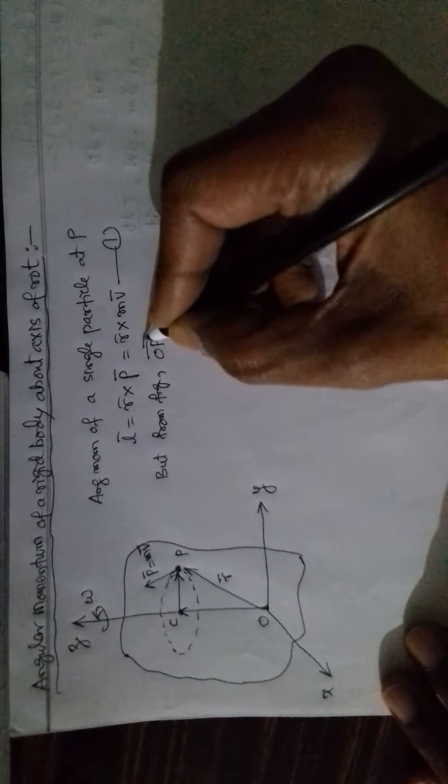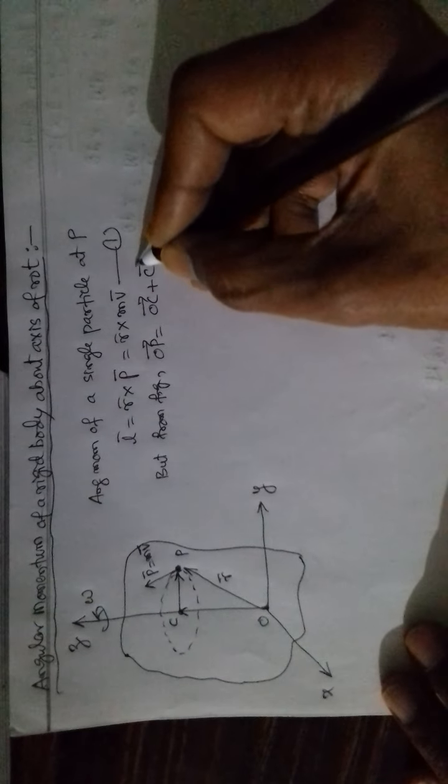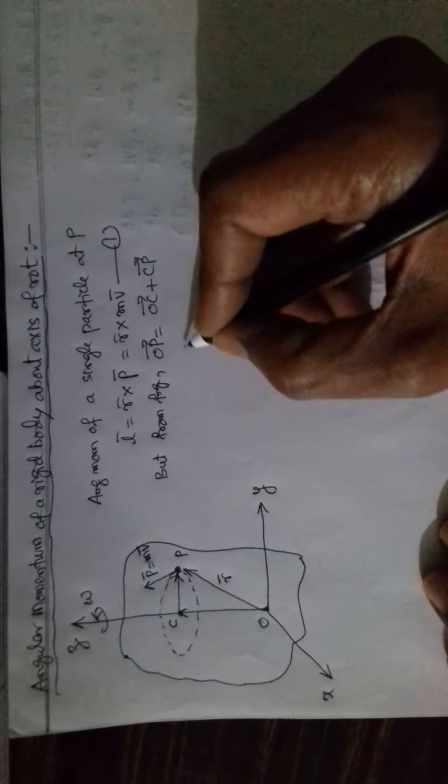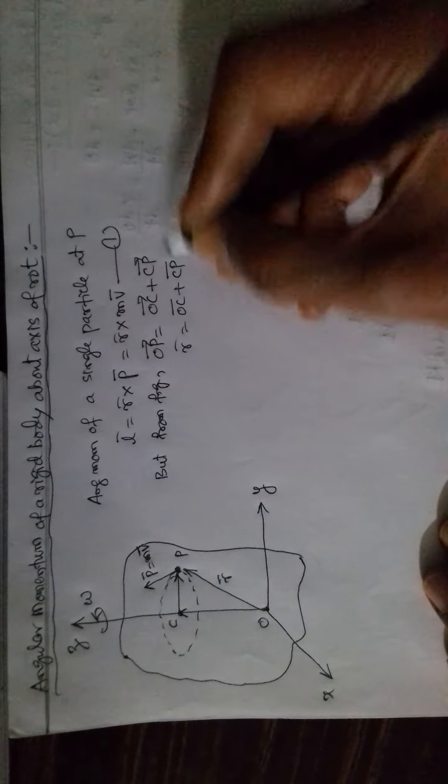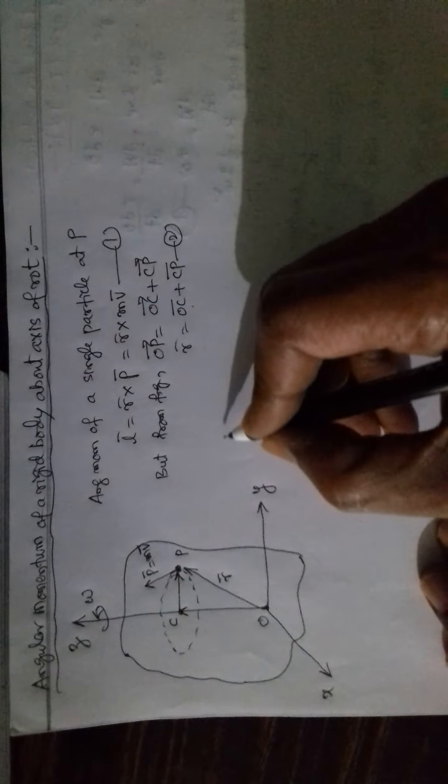But from this figure, see, this R vector is the sum of OC and CP. OC plus CP gives OP. OP is a vector sum of OC and CP, and OP means R. Let us substitute this in the first equation.